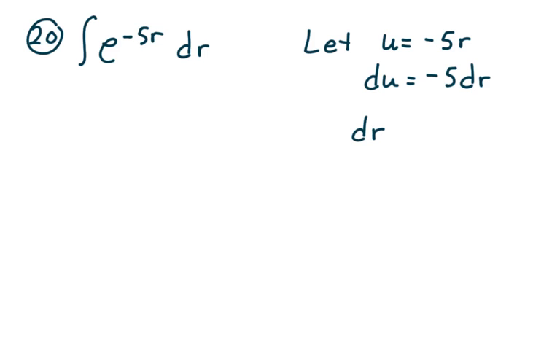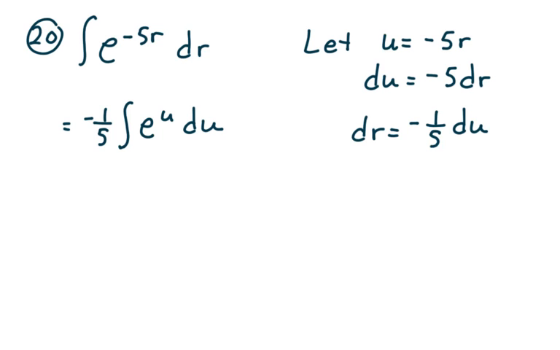So dr is negative 1/5 du. Now I get to put everything back in terms of u. So this is negative 1/5, the integral of e to the u du.